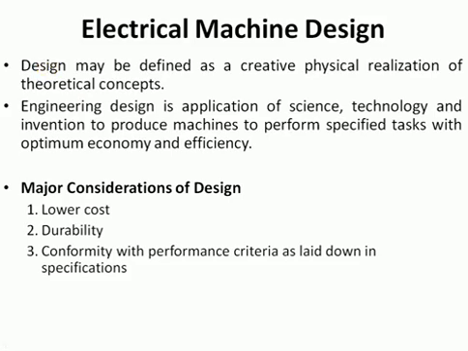That can be any design, but while coming to the engineering design, you have to apply the science and technologies you have already studied, so as to produce the machines according to the customer's requirements in an economical and efficient manner. Is that clear? Okay.